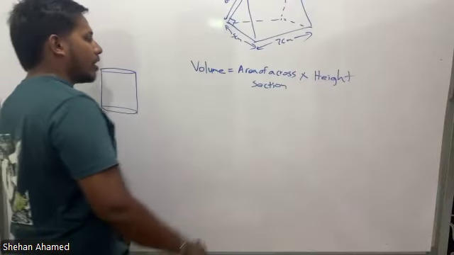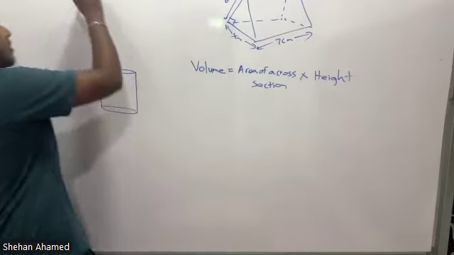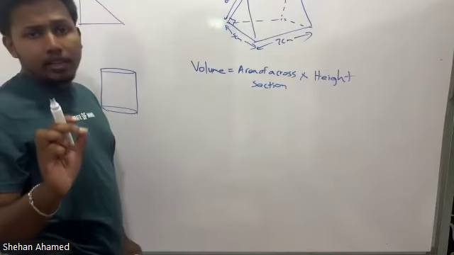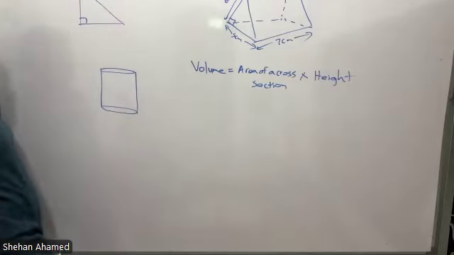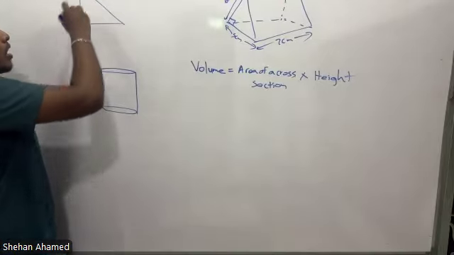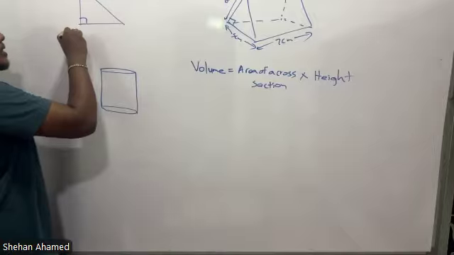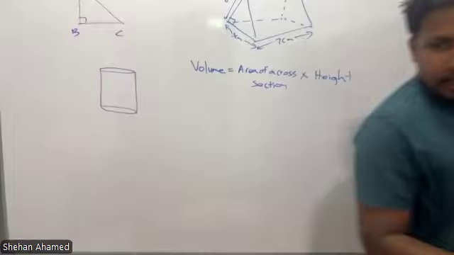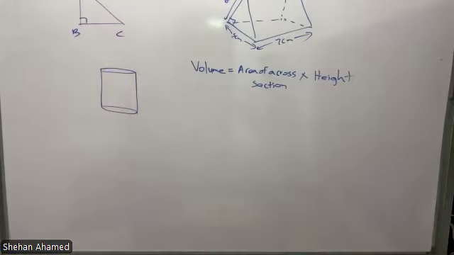Right. Now, what is the area of a triangle equation? Look here. This is the triangle, A, B, C. I'll tilt the screen a bit.